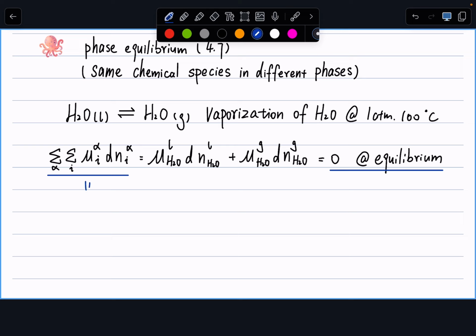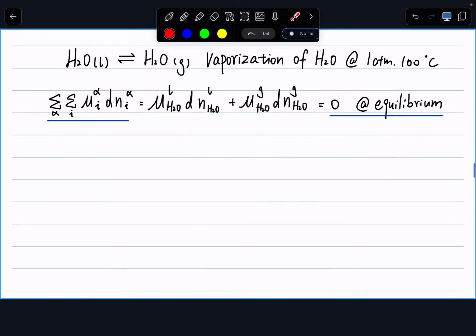Right, so this term equals 0 is the derivation we just did. And if we write out this double summation, we basically get two terms, right? It's just water vaporizing. So we have one substance, two phases. So in total, we have two terms in my double summation here. With me so far?